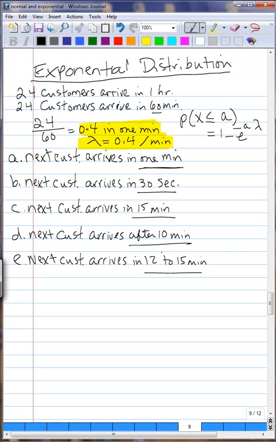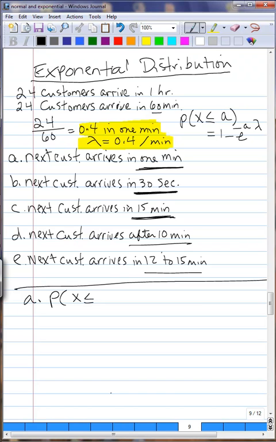For example, in part A, we're going to put 1 for it. In part B, we will use 0.5 for a because it's half of a minute. Then 15, etc., etc.